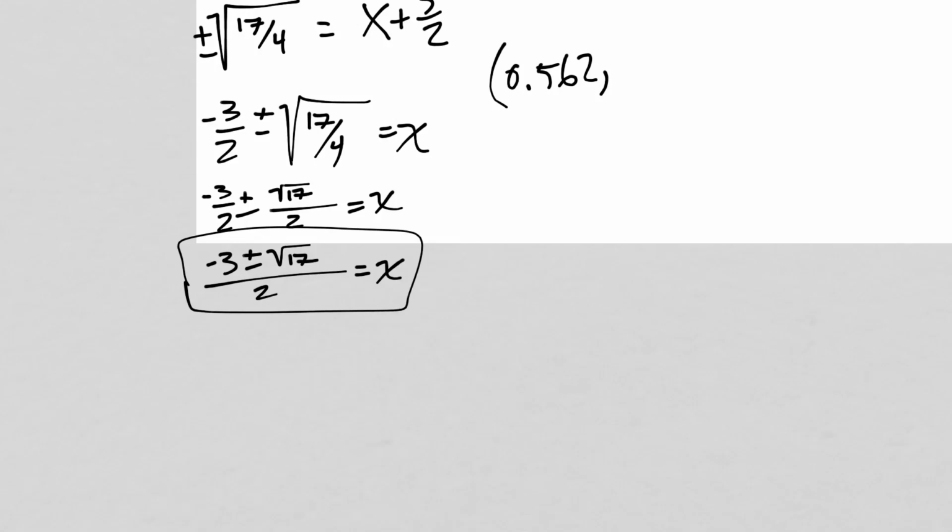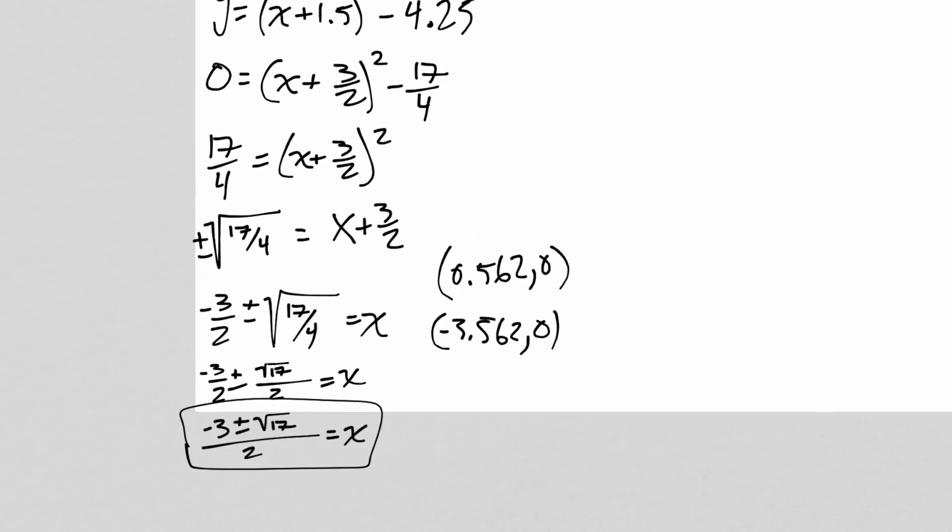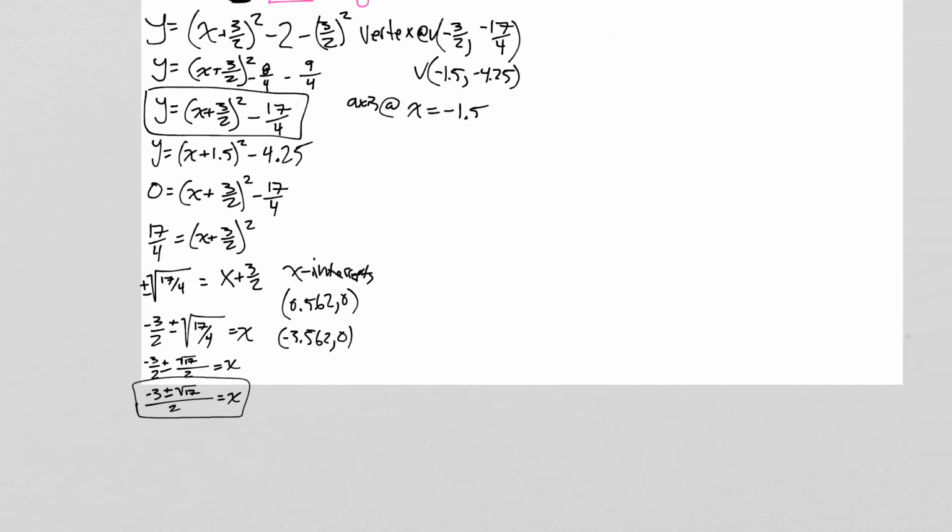We'll round that to 2, comma 0. And then the other one, do the same thing, except -3 minus root 17 over 2, and we get -3.562. Again, it's the same decimal bit there. So those are our two x-intercepts.